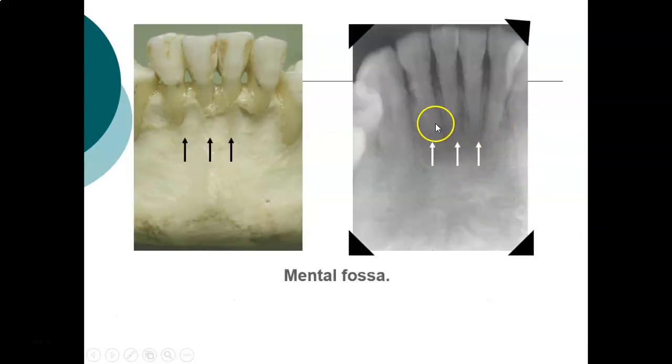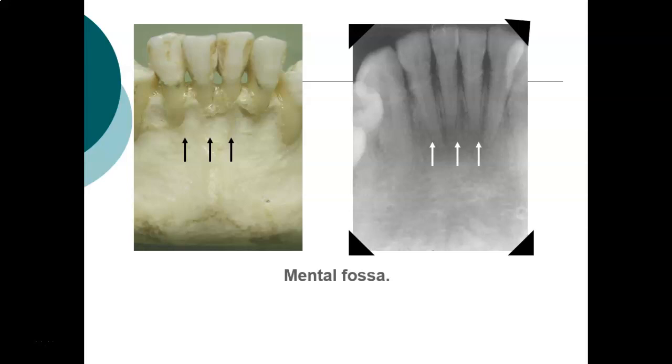And then here, this one is showing the mental fossa more toward the apices, so I guess that would be an important area to note so that you didn't think it was a huge area of pathology, like a huge abscess or something. So the mental fossa appears as a radiolucent area right above the mental ridge.